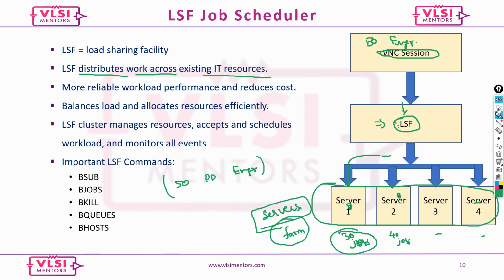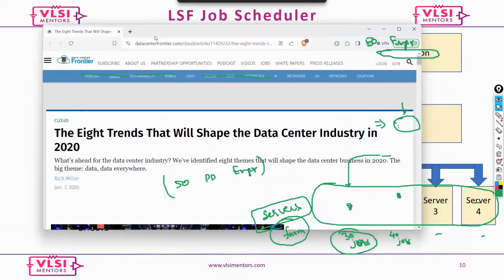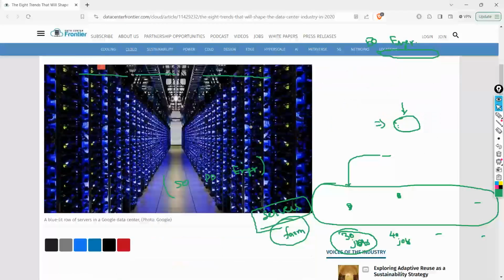Now, these servers would be run in data centers. There will be a particular data center where all these servers would be running. I'll just show you how a server environment would look. Your server environment would look like this.